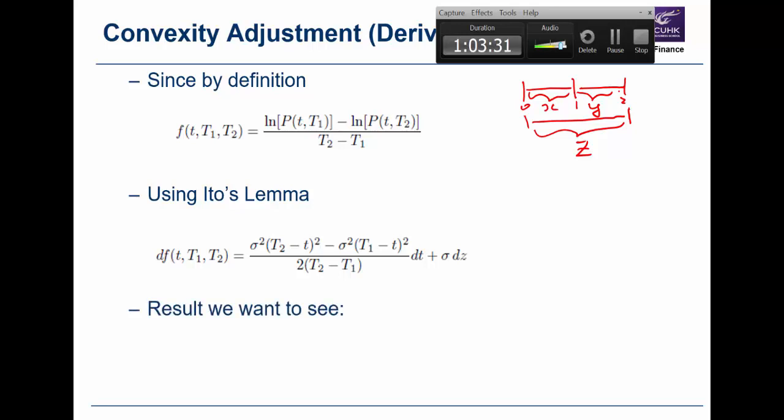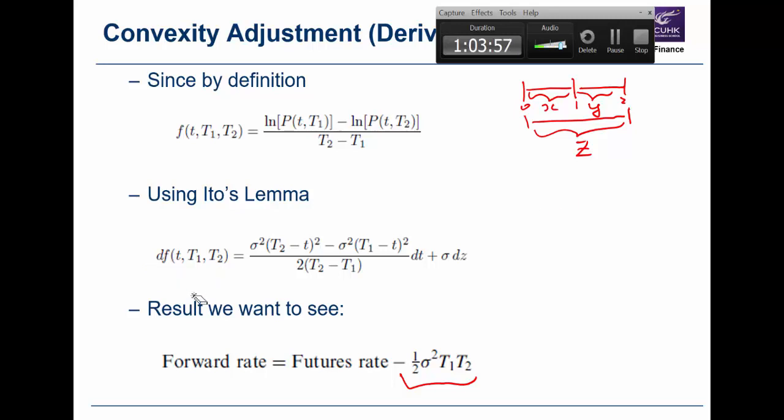And what we want to see is this result. Now, how do you get that? What you can do is, so this is basically the stochastic process on a small change of that forward rate.